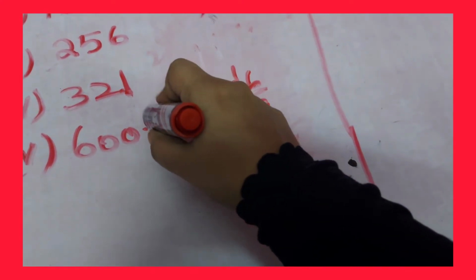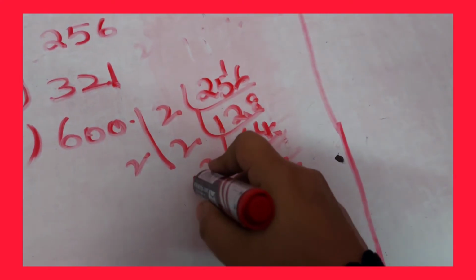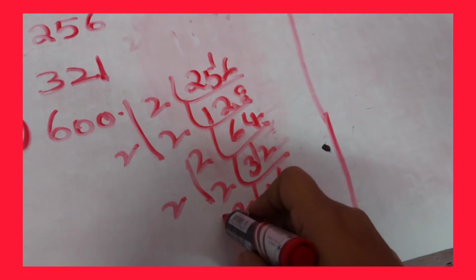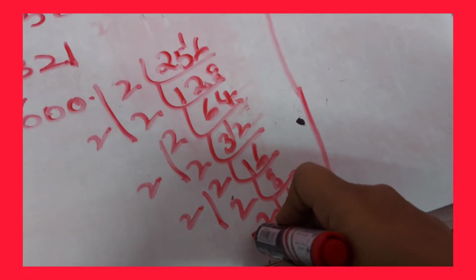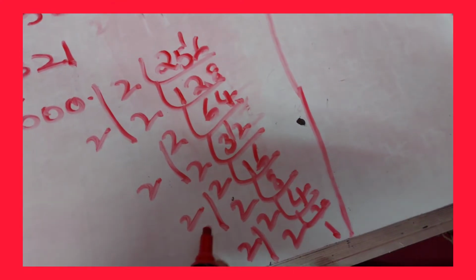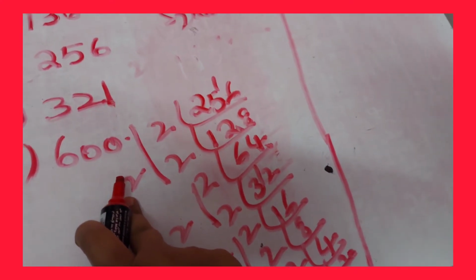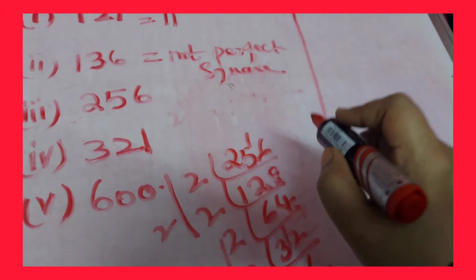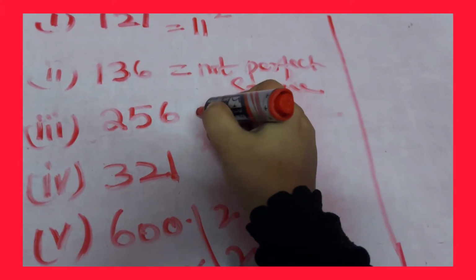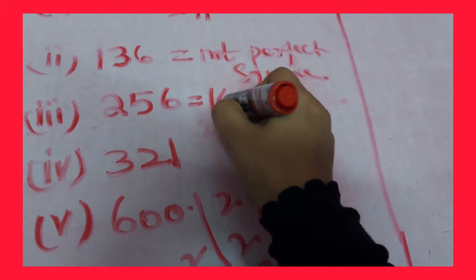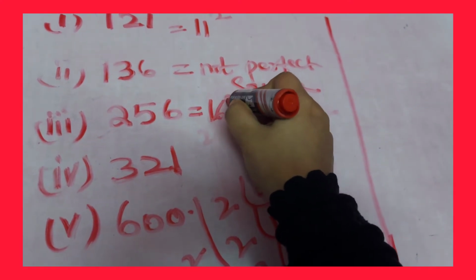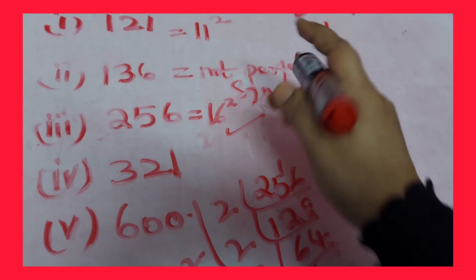So two numbers you have to take as one number. Here 2, here 2, here 2, here 2. You have to multiply these numbers. 2 2s are 4, 4 2s are 8, 8 2s are 16. When you do 16 into 16, the answer will be 256. It is 16 square. Yes, it is a perfect square.